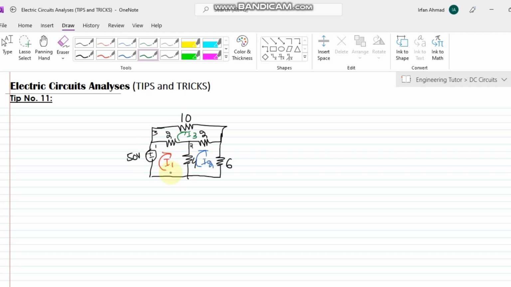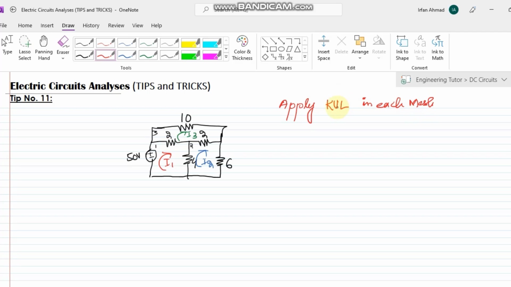After it, we have to write the equations. I select each mesh and apply KVL in each mesh.